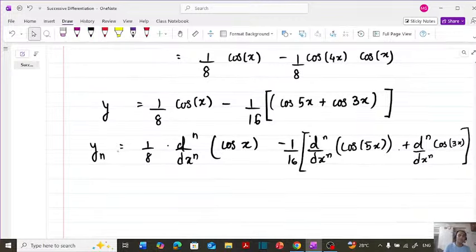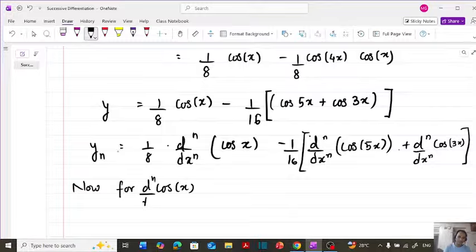Now, the nth derivative of cos x, what is it going to be? We use the formula. The formula said that we are supposed to calculate the radius.